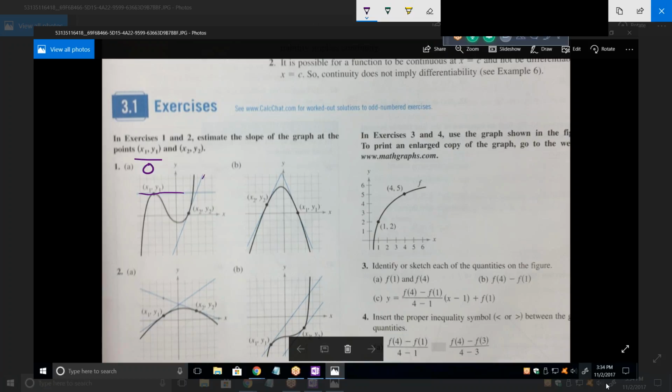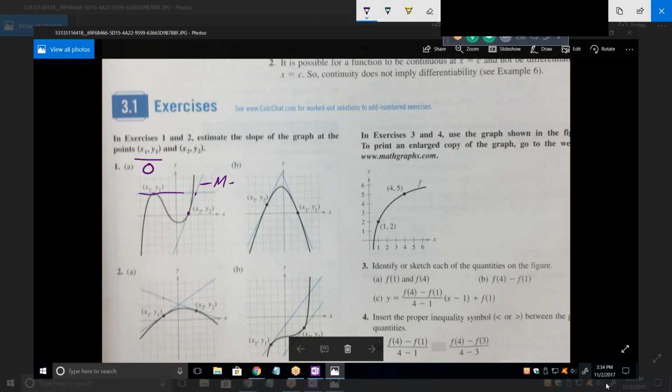Now, let's estimate the slope at that point. And let me erase what I just drew because that's not helping any, but it's the blue line. Figure out what the slope of that is. It's just an estimate, but it goes from there to there. Looks like it goes up 3 and to the right maybe 1.5.